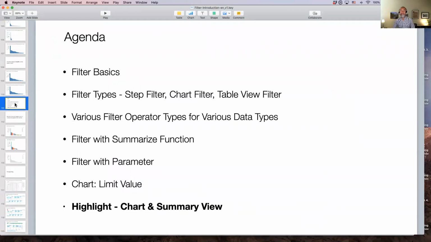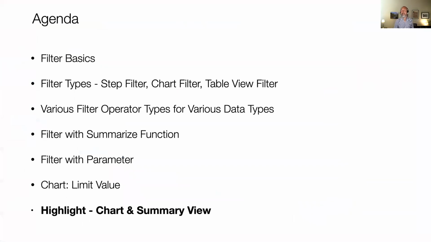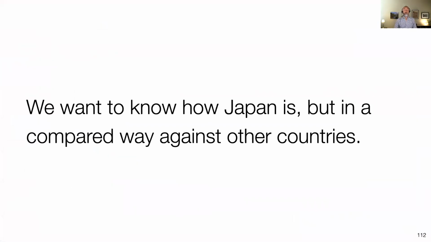So that's pretty much the typical way when you think about filter. But there are two more things here. So that's the highlight. We want to know how Japan is. Basically, I want to know Japan, right? When I have the chart, I want to see that Japan.